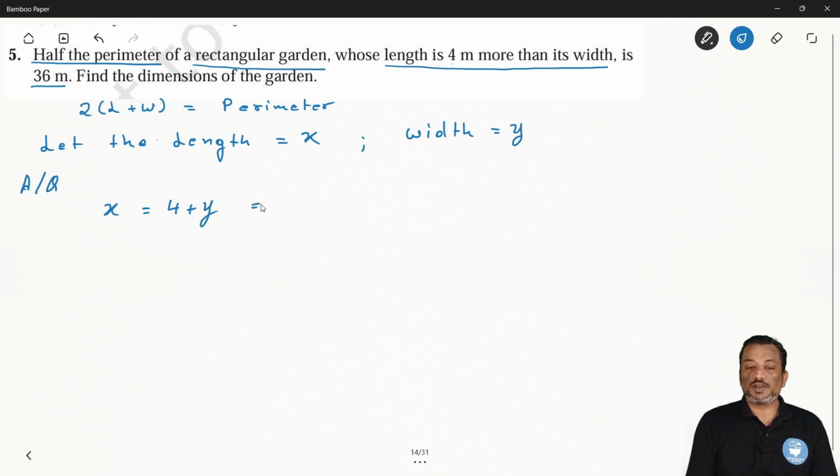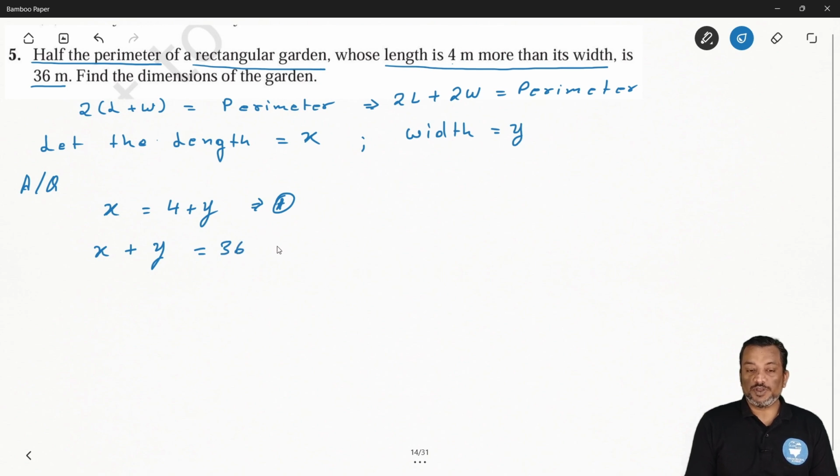So this is your first equation. Now the second equation: it is saying half the perimeter. The perimeter is 2 length plus 2 width, but it is saying half, so half the perimeter means length x plus width y is equal to 36.